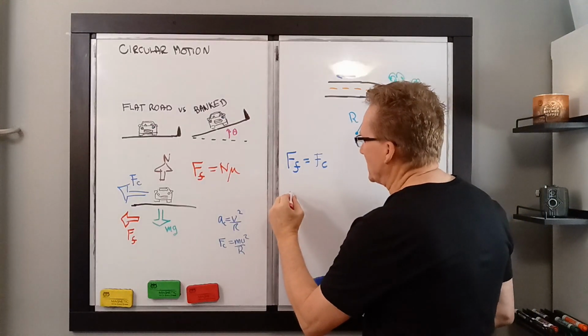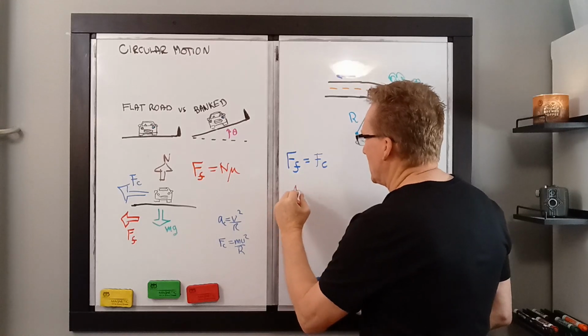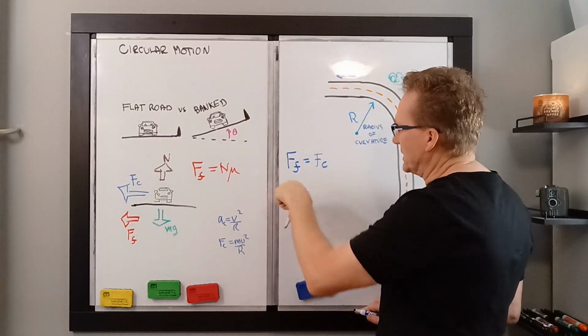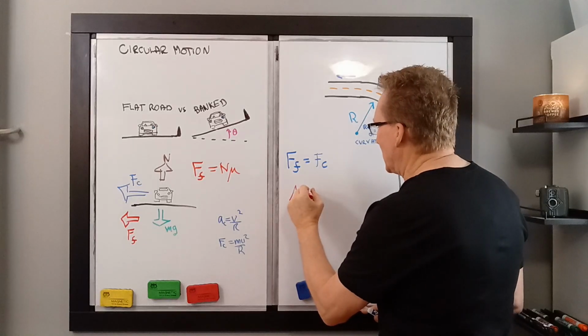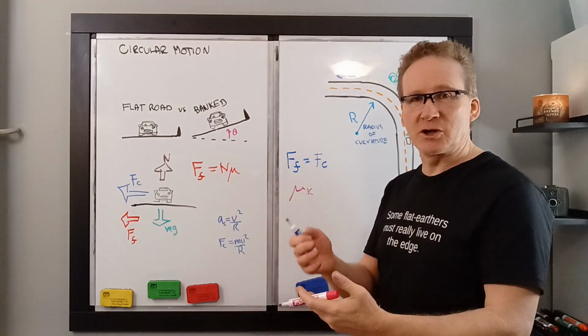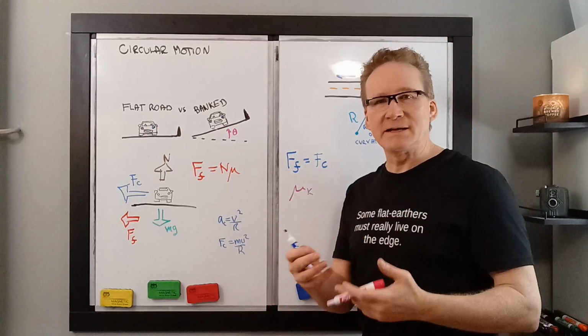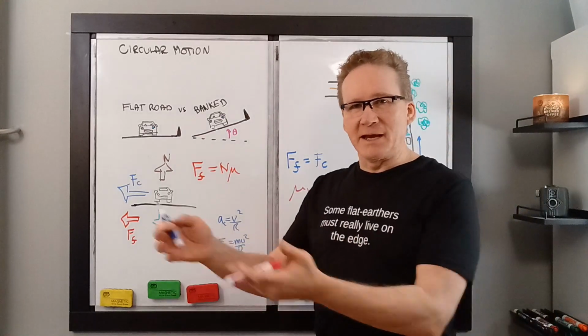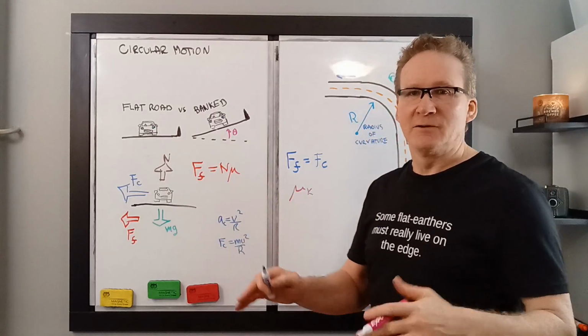You'll have two different types of coefficients of friction, often labeled with this letter mu. It's like an M with a longer stick on the left side. So you could have a mu kinetic, which would mean that your tires aren't actually touching the road constantly, they're slipping. So if you're on ice and you hit the brakes, your tires will lock and your car will start skidding, which is very, very bad for your friction.